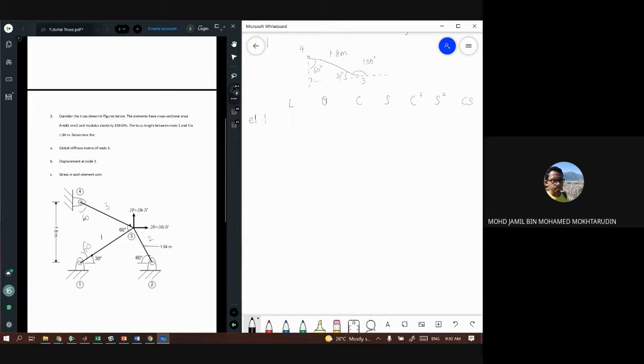So the length is in meter. So we have 1.8. Angle is 30 degree. Okay, so for the first element, angle is 30. So just use calculator to determine cosine and sine.